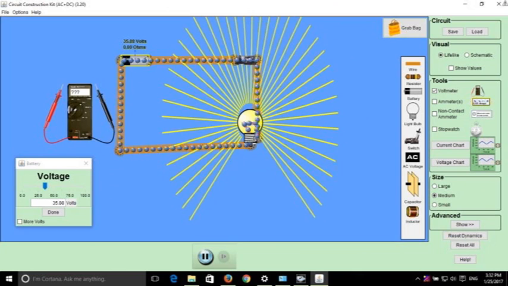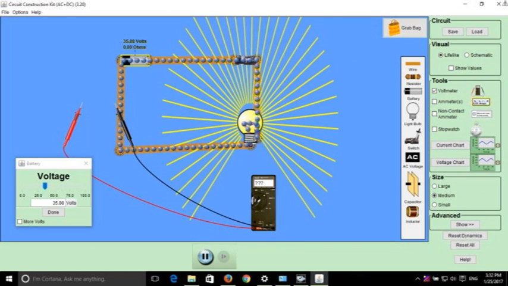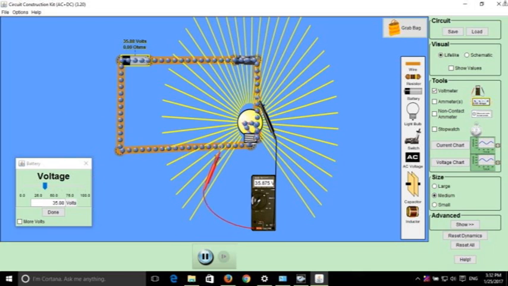So what I want to do now is I want to measure the voltage across the load. I take a voltmeter here, and I connect the voltmeter in parallel to the circuit, and let us measure the potential difference here. So you can find out the potential difference is 35.875 volts.